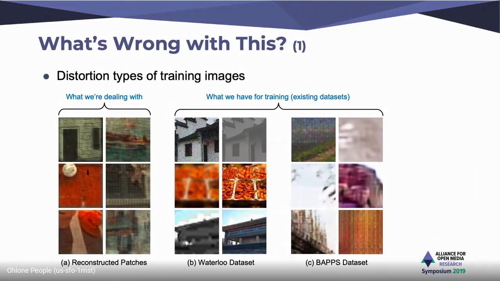But from the figures that I show in this slide, they look quite different from what I actually got from the deep compression network. So this training set might not be optimal to learn the ProxIQA network.